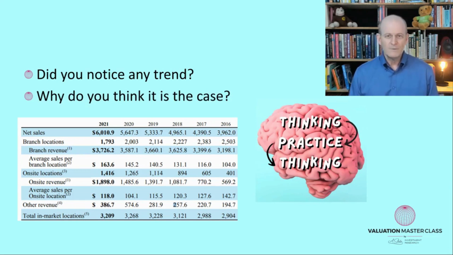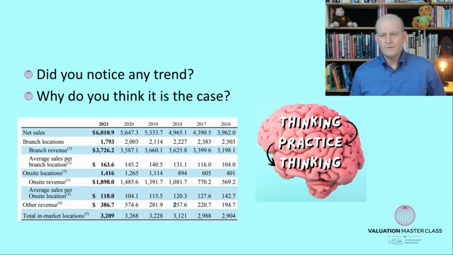Well, first thing I want you to notice is I hate the way this table is arranged because it starts off in the year 2021 and then goes, it's almost like we read right to left, but I always read left to right. So I would prefer that it's 2016 in the first column, then 2017. I find it harder to identify trends, but for some reason companies like to do this because they want you to see their most recent number first.